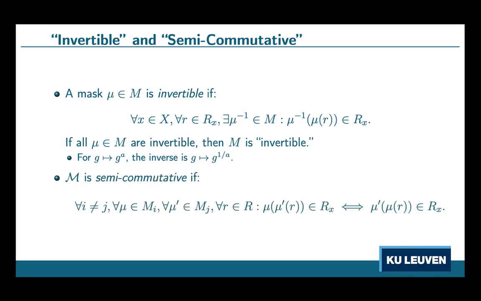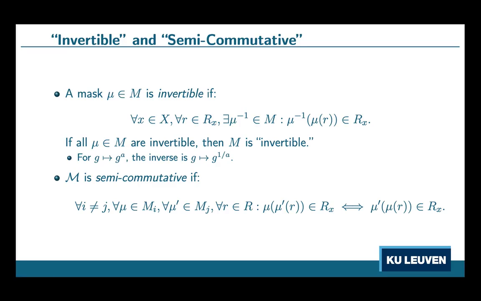Then for semi-commutativity, the idea is that masks that belong to two different masking sets should commute with each other. So again, we have the same caveat that they cannot give the same representative, but we specify that applying first one mask and then the other, or vice versa, should give two representatives of the same element.